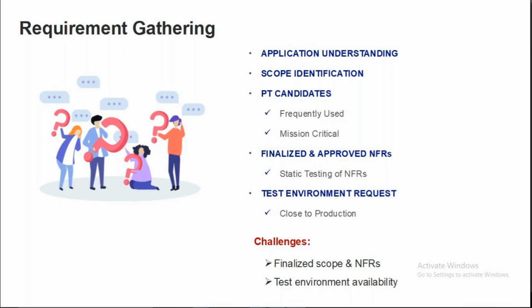So, in a nutshell, can we say that all the functional end-to-end test cases and sanity test cases are PT candidates? No. All the functional test cases cannot be PT candidates. I'm saying only the sanity. Sanity defines that some of the features are working fine, right?